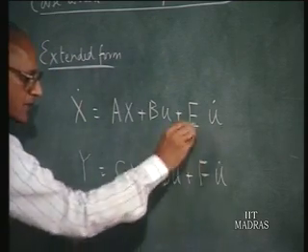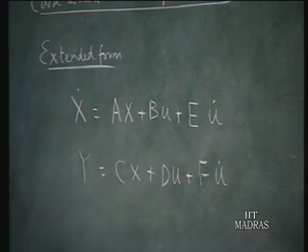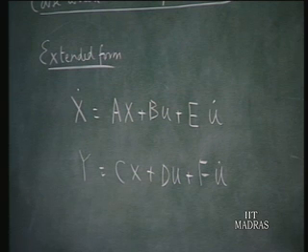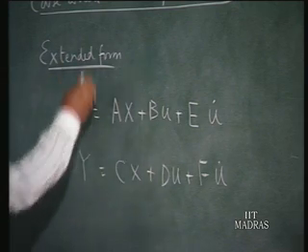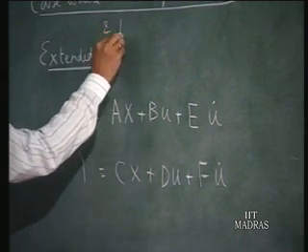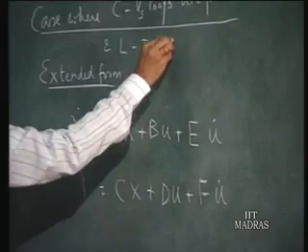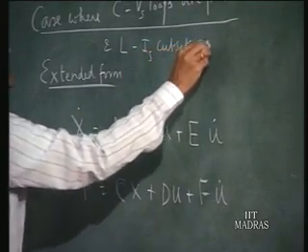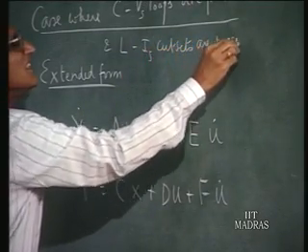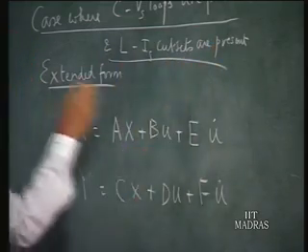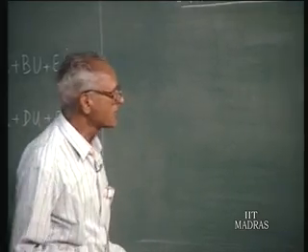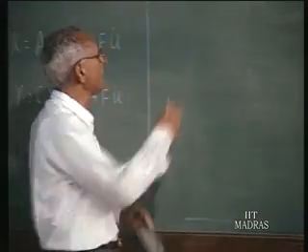So these new matrices E and F arise whenever you have CVS loops, and we will say that similar cases arise when inductor, current source, LIS cut sets are present. So even in this case we have this extended form. How these extended forms arise will be illustrated by means of an example.